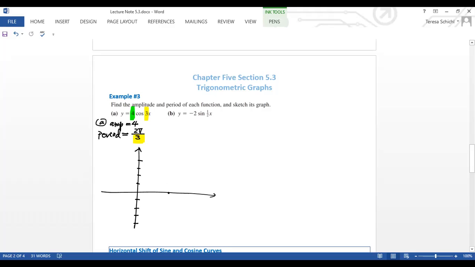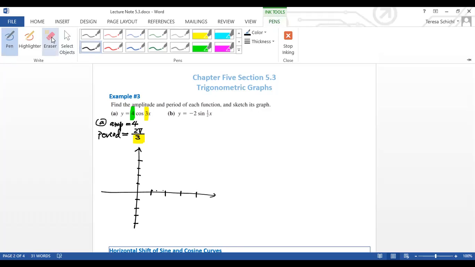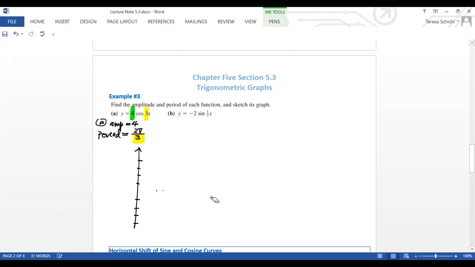If you graph here, this is pi over 2, pi, 3 pi over 2, and 2 pi. Where will 2 pi over 3 be? It's going to be somewhere here, so I better get a bigger scale, so we can graph it better.